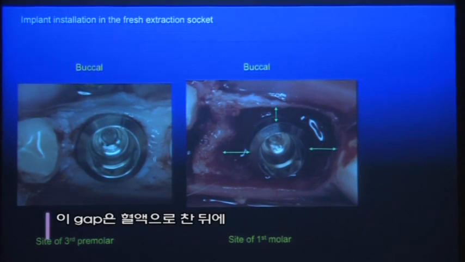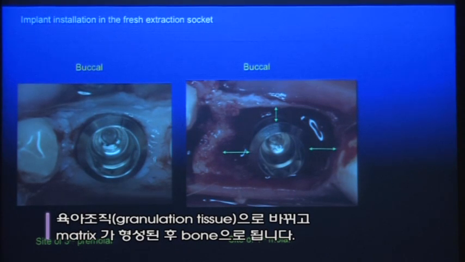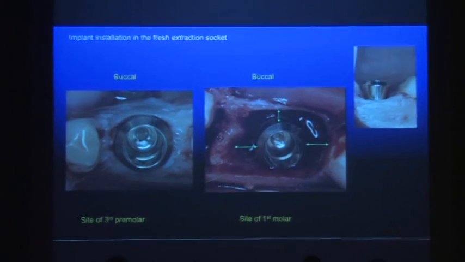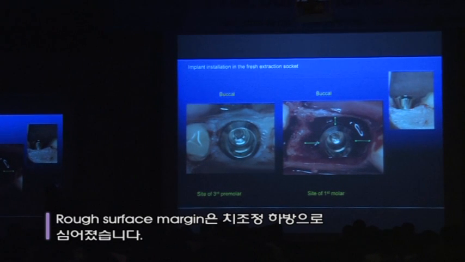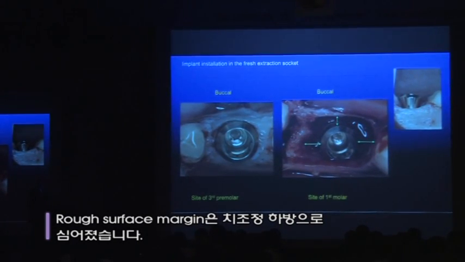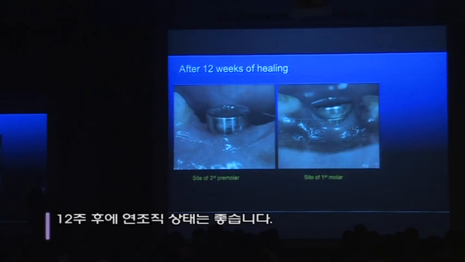And this gap is filled with blood, so it will be granulation tissue, provisional matrix, and bone during healing. Again, remember, we always place the implant so that the rough surface margin is below the buccal bone crest. After 12 weeks of healing, the soft tissue looks okay.